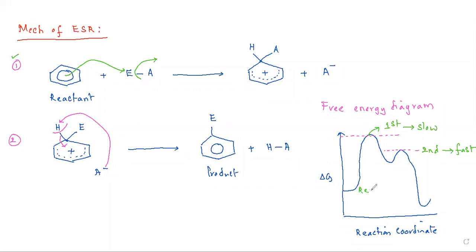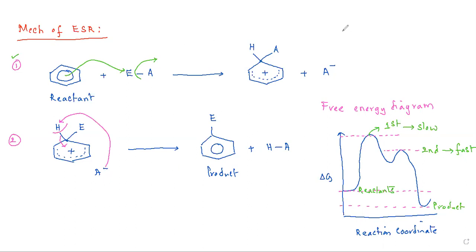You know that these are reactants, and this is a product, right? You can show it this way. So anyway, this is the difference between delta H. Okay. So this is how we can show the free energy diagram. Right.